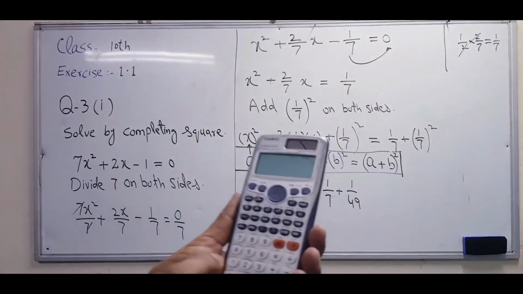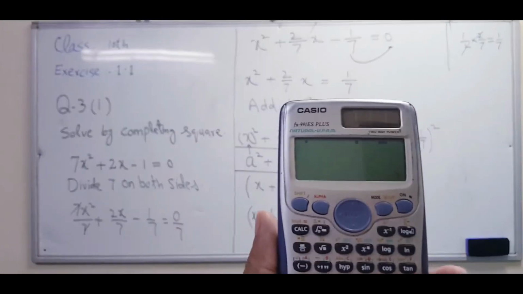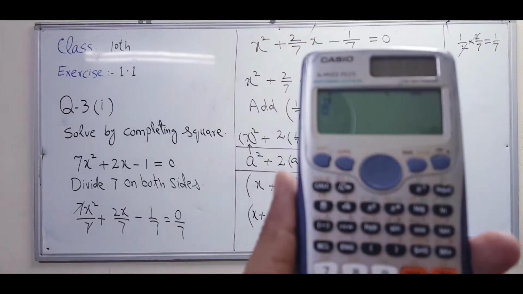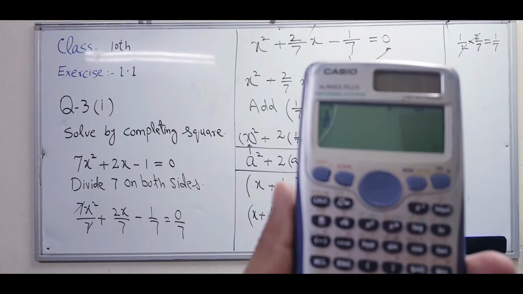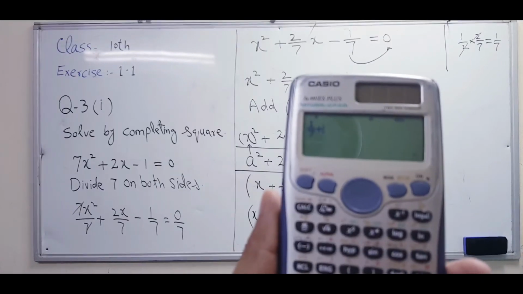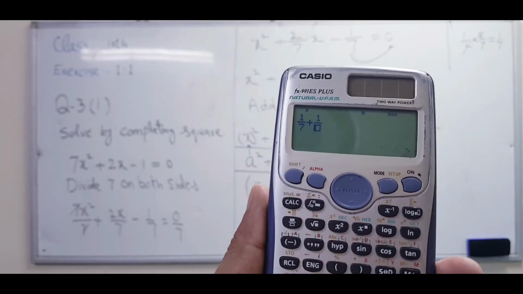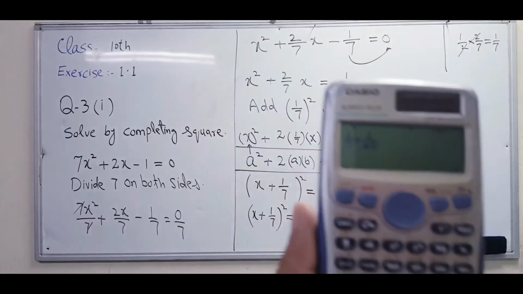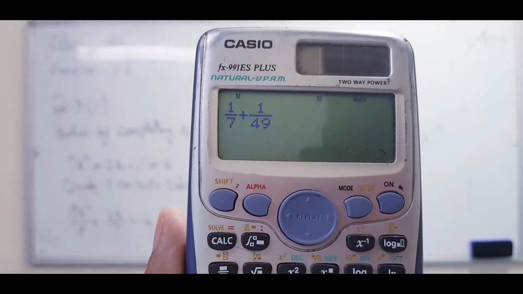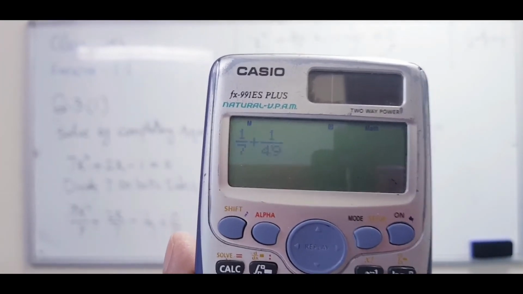I will show you how to write. That is this fraction button. There is this fraction button. 1 over 7, then plus 1 over 49. All of you can see that? Good. So after that we have to use the sign of equal.